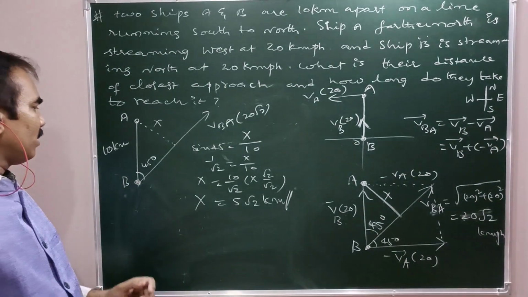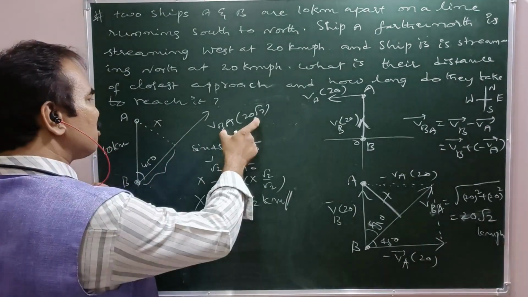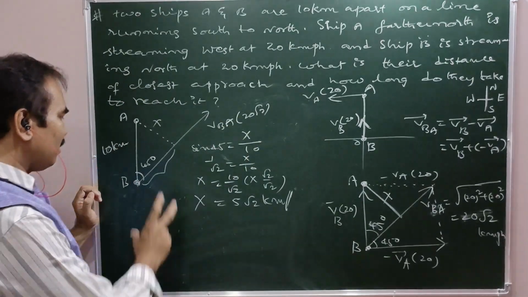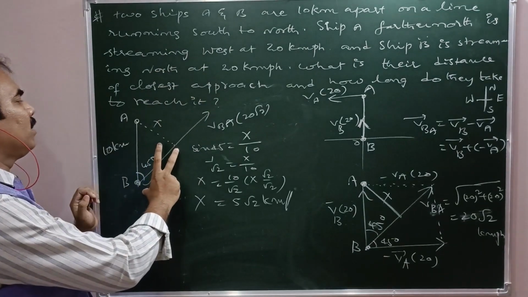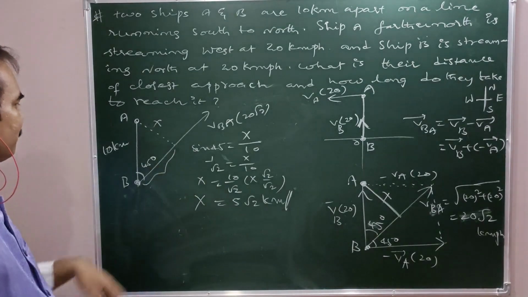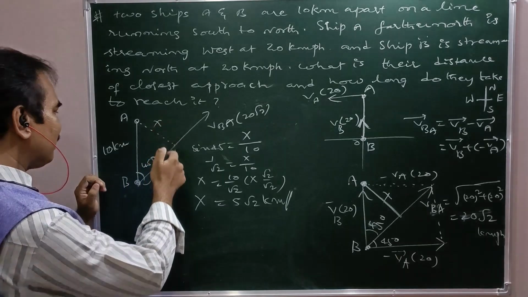Now the time taken. What is the velocity in this direction? That is 20 root 2. We know the relative velocity along this way, and we know this side also. Now what about this side here? If I take tan 45, that is x by this one.